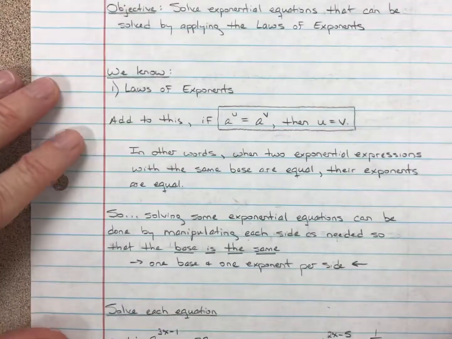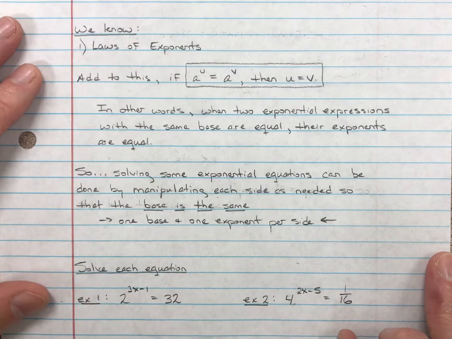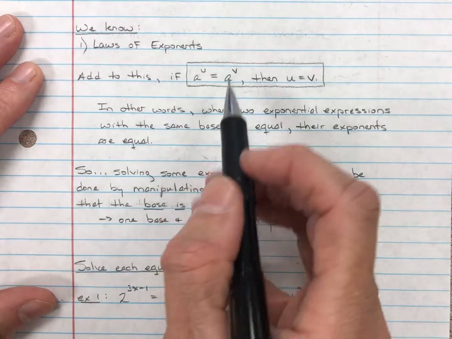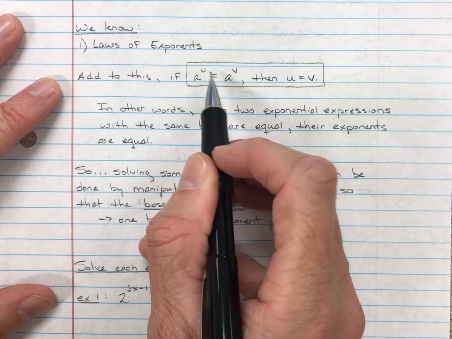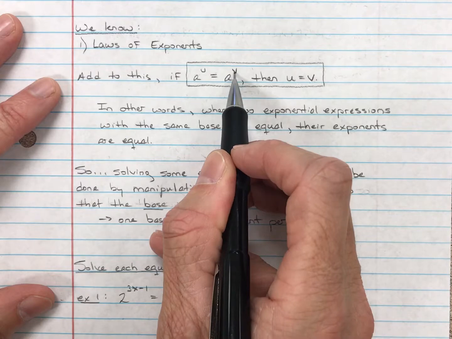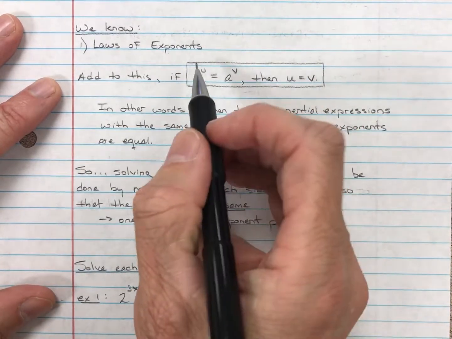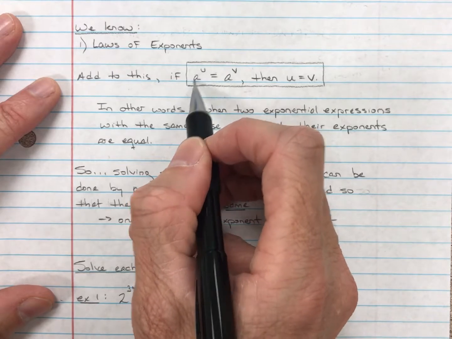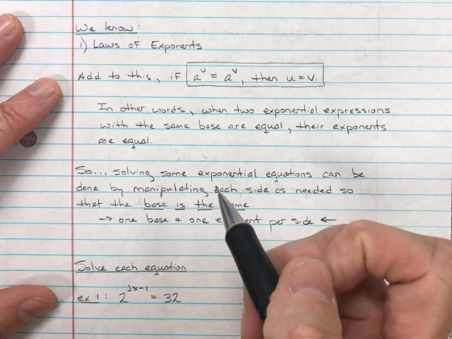All right, we want to add to that one additional small thing that, if you look at it, makes a lot of sense. If a base raised to an exponent equals the same base raised to an exponent, then the two exponents are equal. If x to the 2 equals x to the 2, then 2 equals 2.